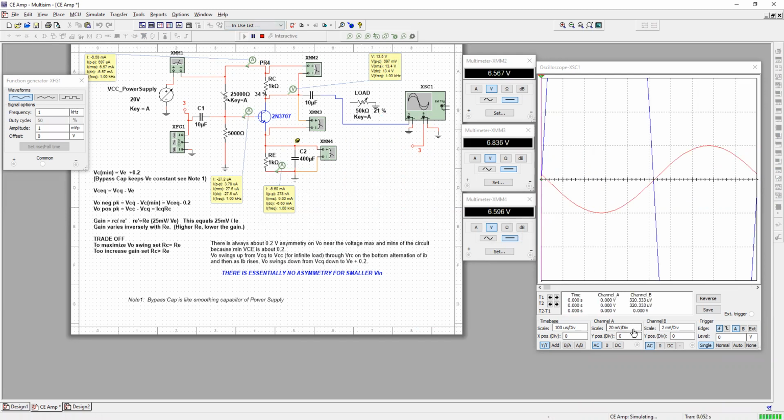All right. So the question is, why wouldn't we increase it to the largest possible capacitor we can get? Well, remember that there's two purposes to this capacitor.